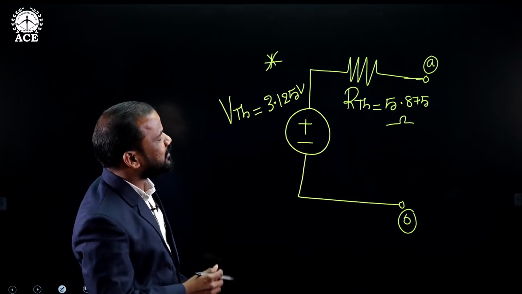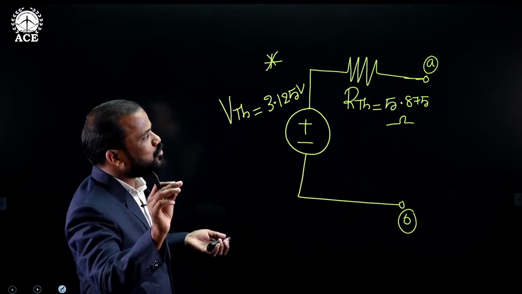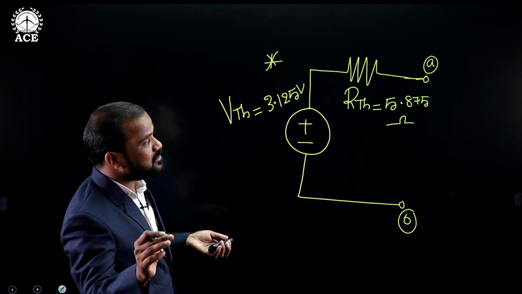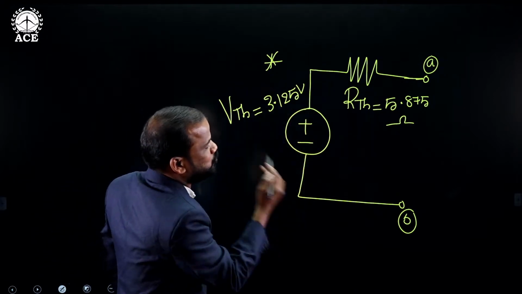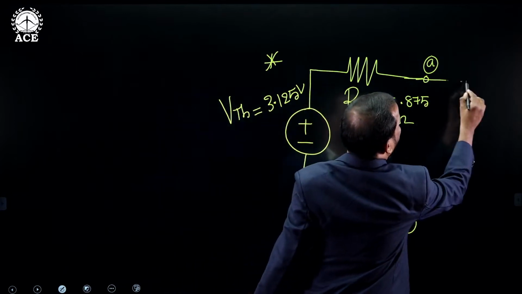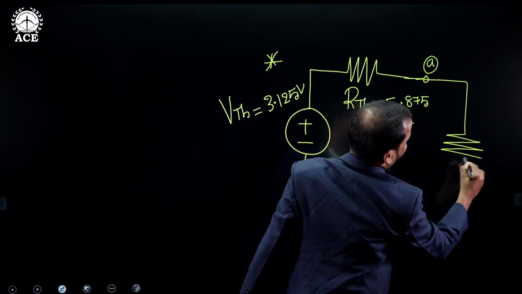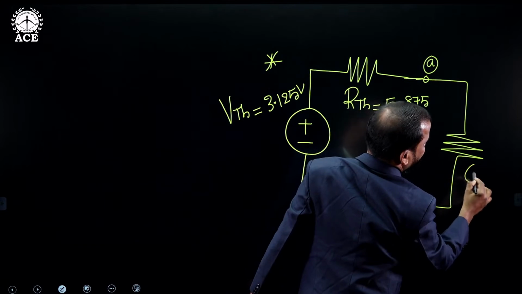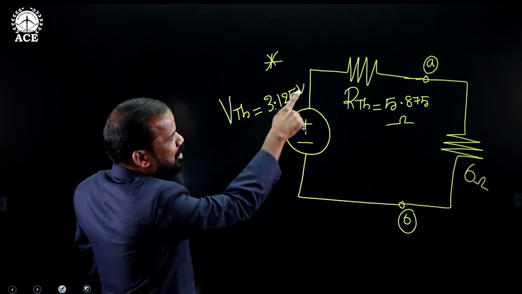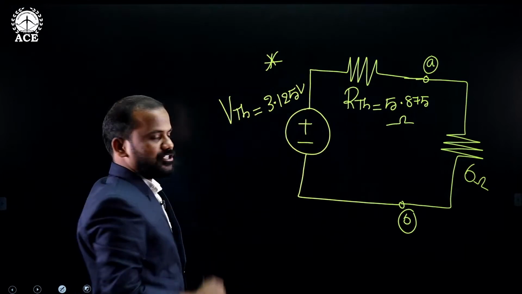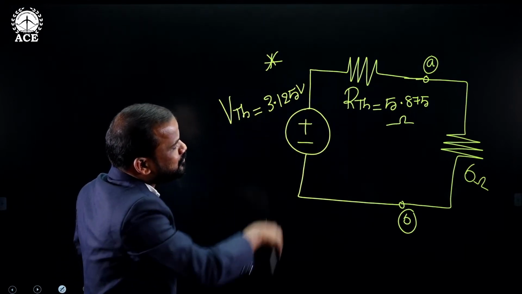Okay, so now what I need to do is connect the load resistance, which was initially disconnected from the original network, across these two terminals. So this is 6 ohms. Now our target is what? How much power is dissipated by 6 ohms, and what is the value of current flowing through 6 ohms?